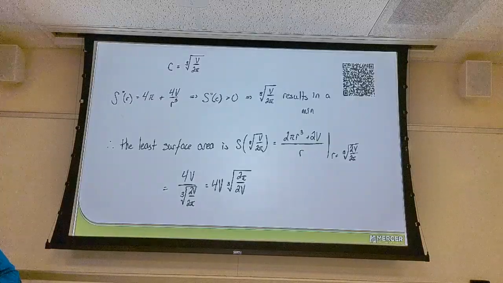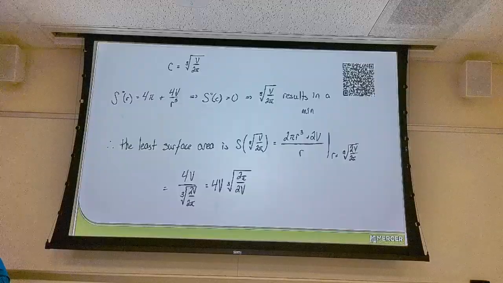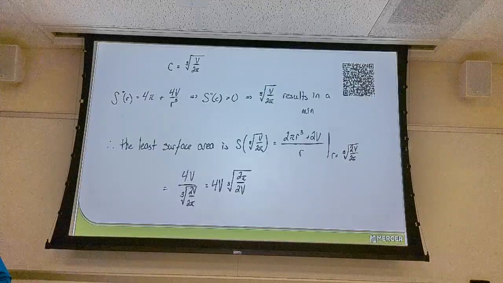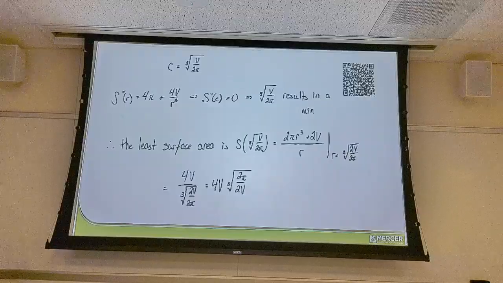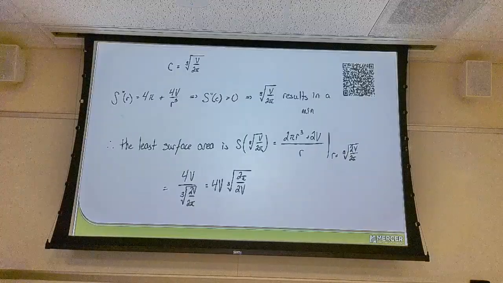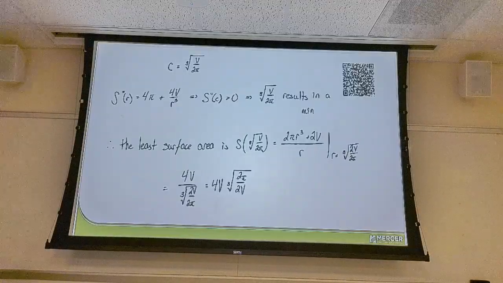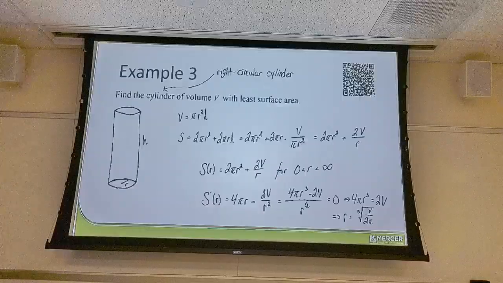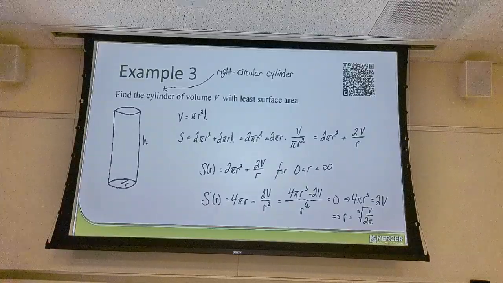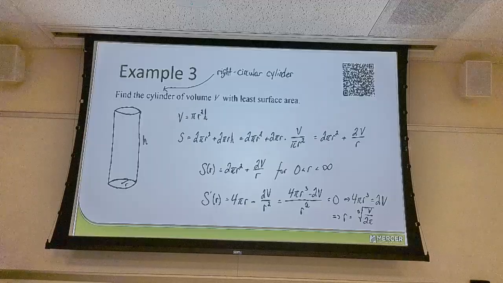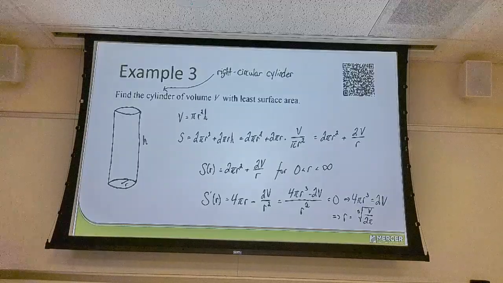That would be the volume. But it said find the cylinder. So I actually didn't want that. Reading is an important skill. It said find the cylinder of least surface area, not the actual least surface area.